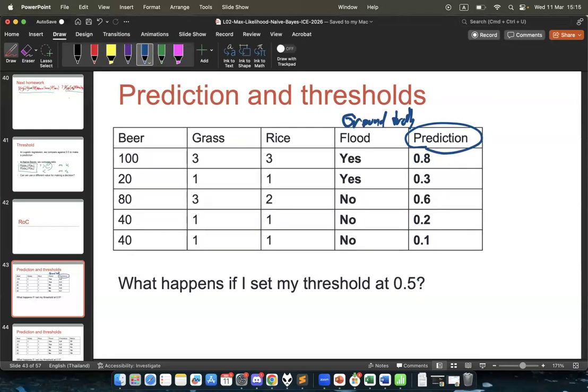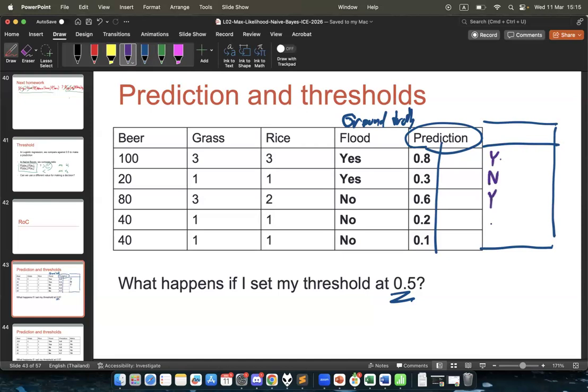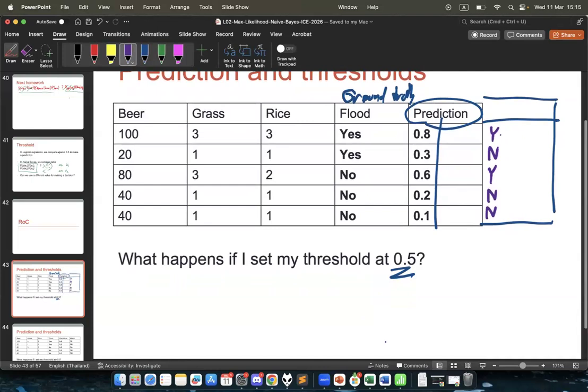So usually you have some threshold. The default is 0.5, and this prediction is compared against the threshold. So here it might be predict yes, predict no, predict yes, predict no, predict no, according to the threshold of 0.5.